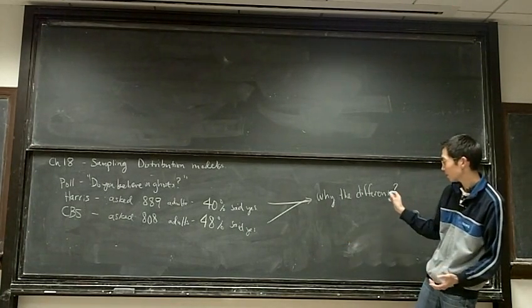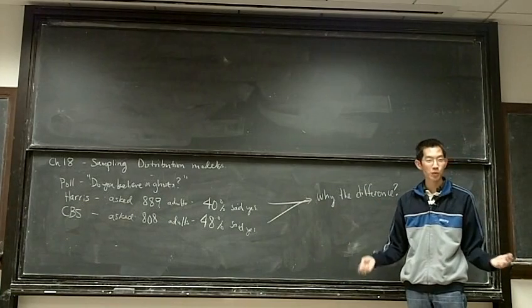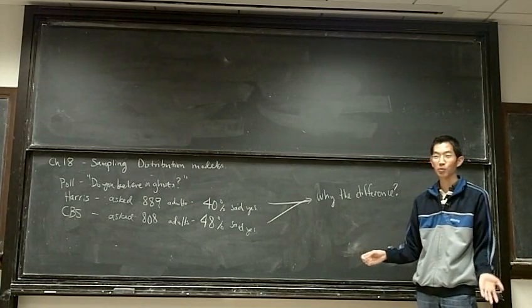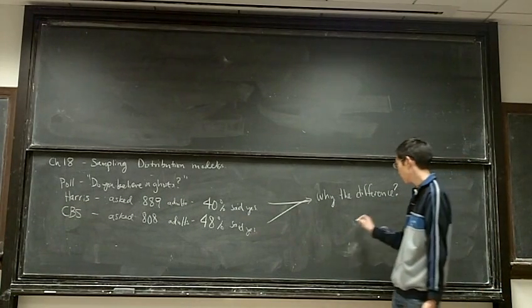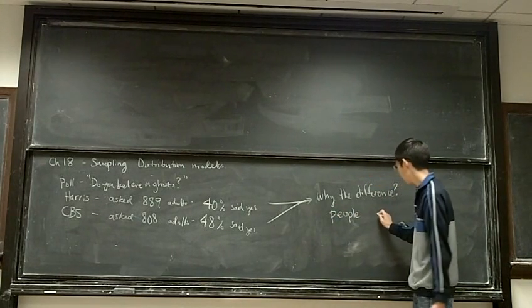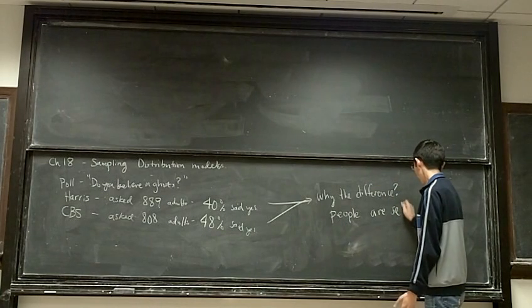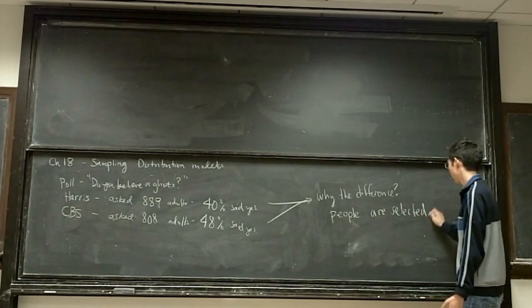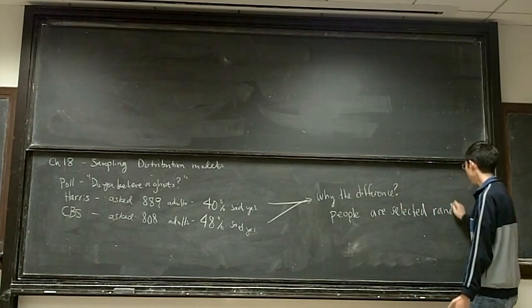So the difference is just the fact that the people were selected randomly.